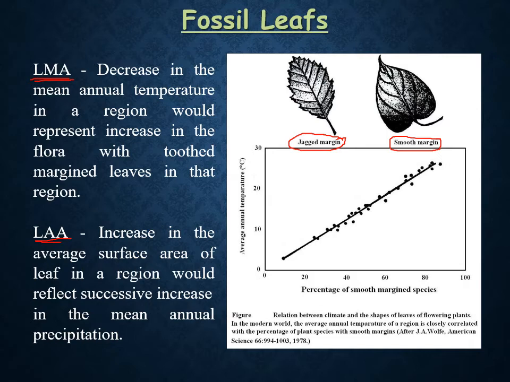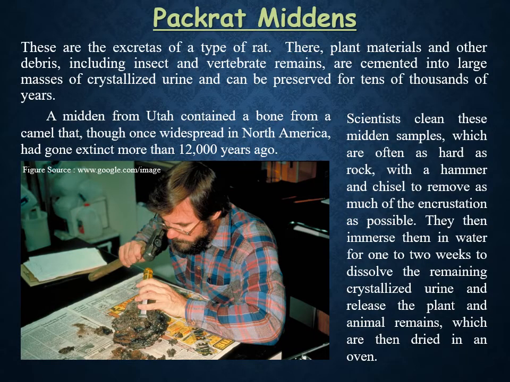The next tool or next proxy which helps us to get an idea about the paleoclimate is the packrat middens. The packrat middens are basically the excreta of a type of rat.